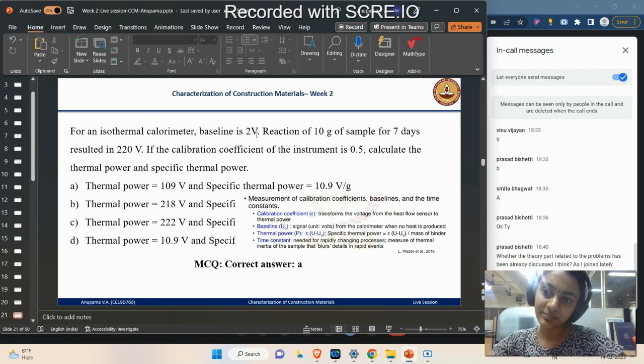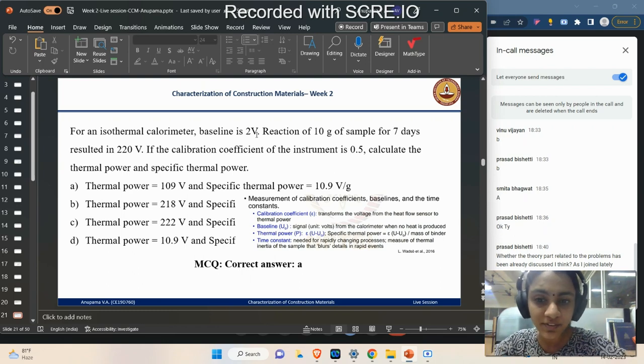So we have to subtract. That is 220 minus 2 volt, that is 218, into epsilon. Epsilon means coefficient of the instrument, calibration coefficient of the instrument, that is 0.5. So the answer will be 109 volt for the thermal power.